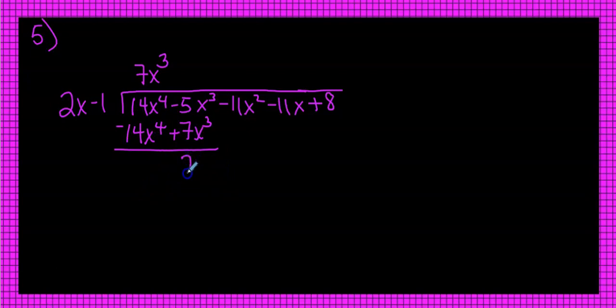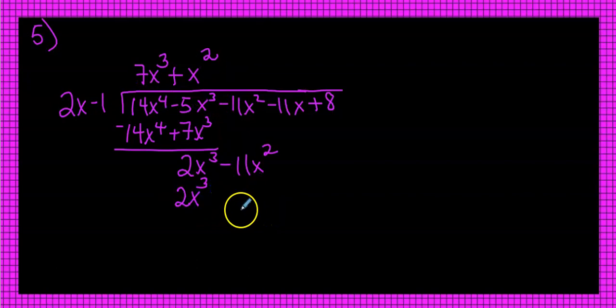So that when I combine these, I get 2x cubed, bring down minus 11x squared. 2x cubed divided by 2x is plus x squared. Let's see, that's 2x cubed, x squared times negative 1 is minus 1x squared. Change to the opposite. Combine, that's going to be negative 10x squared.